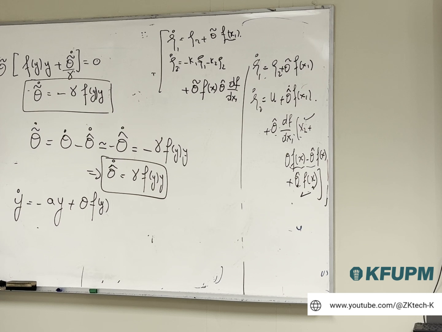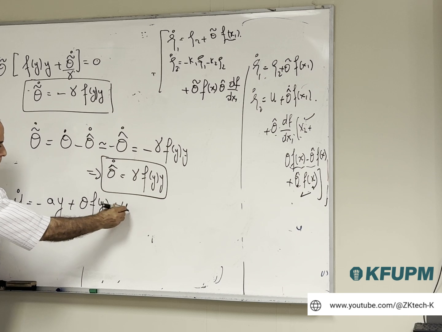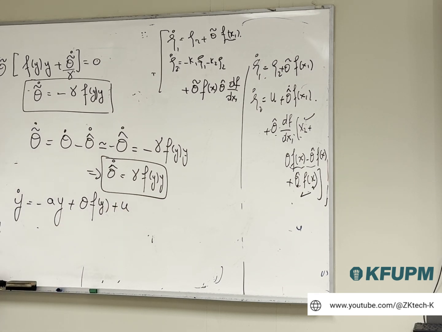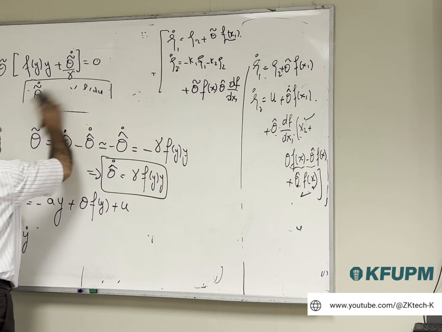And my objective is to have y equal to y desired. There is no controller in here. This is our system for the beginning. So our objective is to have y equal to y desired. So what we will do, we look at this and we try to basically change the dynamic.